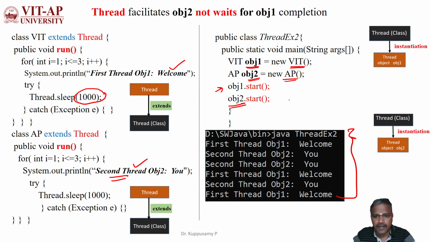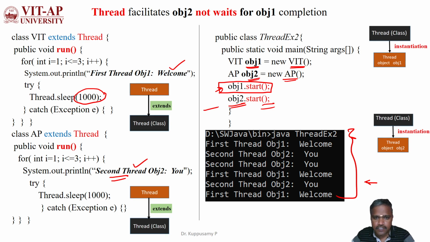So the thread concept introduces parallel processing, that is, it utilizes the CPU efficiently. But in a normal Java program, obj1 will execute all its iterations, and only then will obj2 start its process.